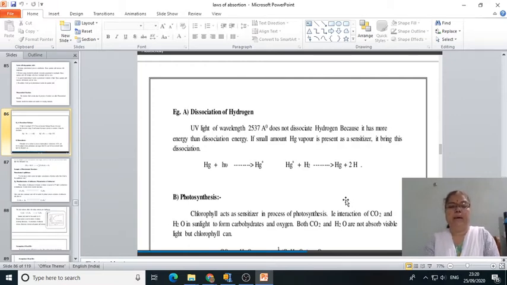These are the two examples of photosensitized reactions. A simple meaning of photosensitization is that due to addition of an external photochemically active substance, the photochemical reaction takes place.